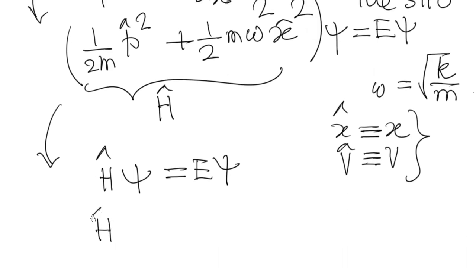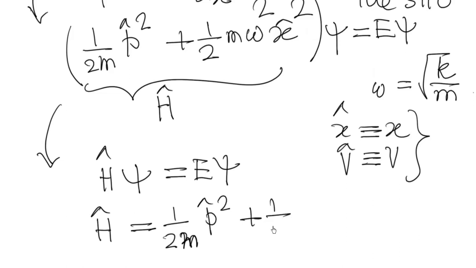So the H operator, the total energy operator or Hamiltonian operator, is 1 by twice m times the linear momentum operator squared plus m square omega square x square.